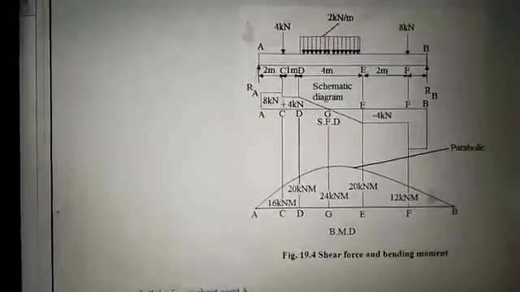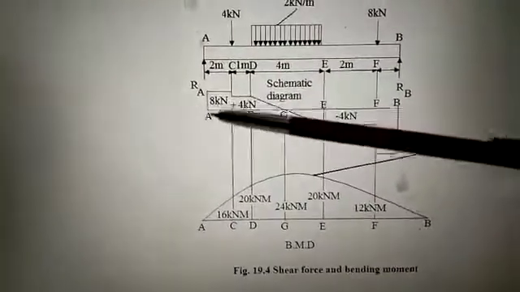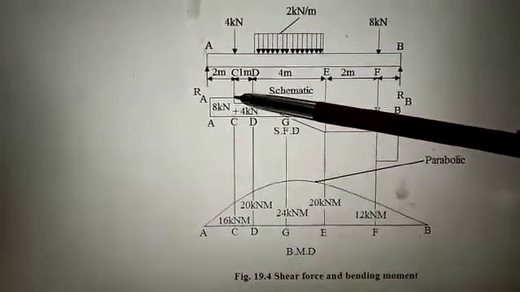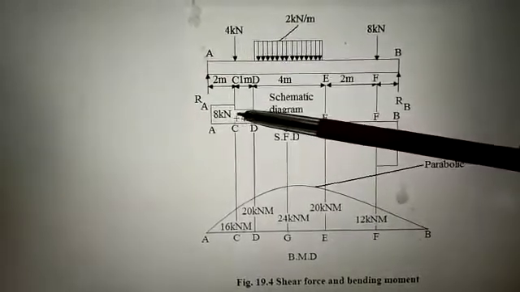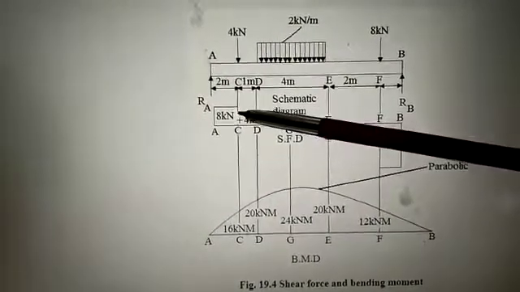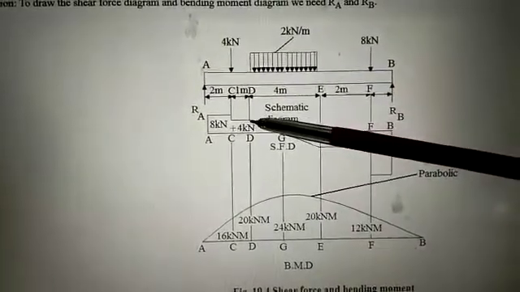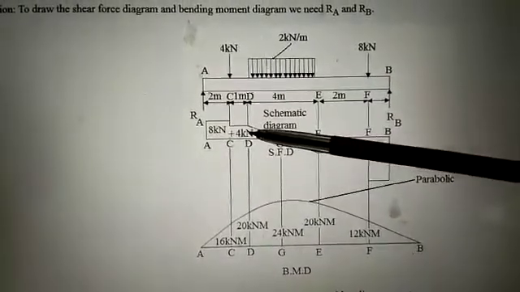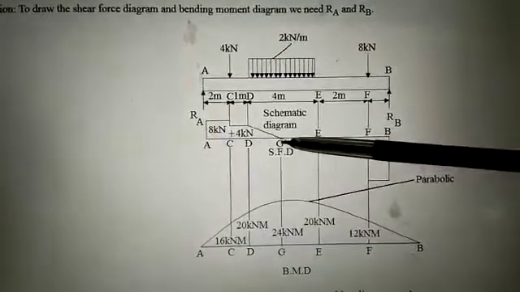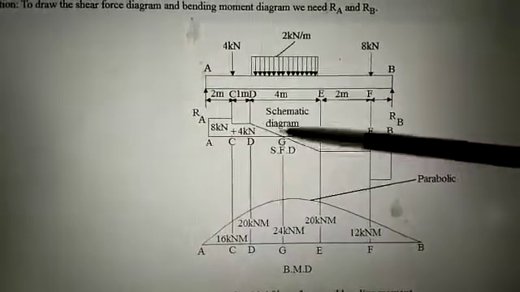Now we have found the value of shear force at different points. We start from here. We obtained 8 kilonewton, and it stays 8 kilonewton up to this point. Then 8 minus 4 is 4 kilonewton, and between CD it is 4 kilonewton. Then from D to E we obtained a value of plus 4 and minus 4 kilonewton, and in between a point of zero shear force lies, which we have found.